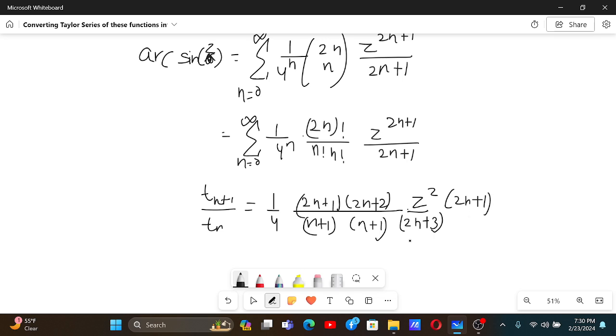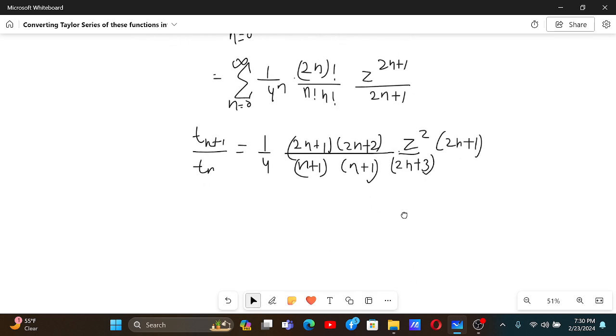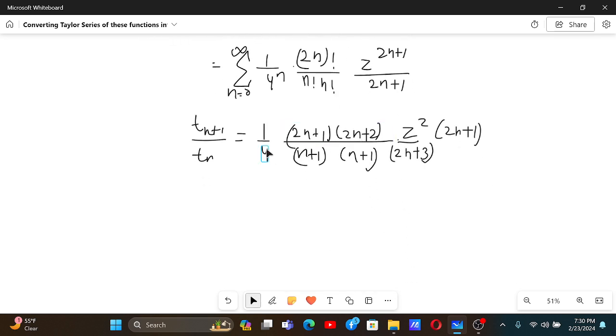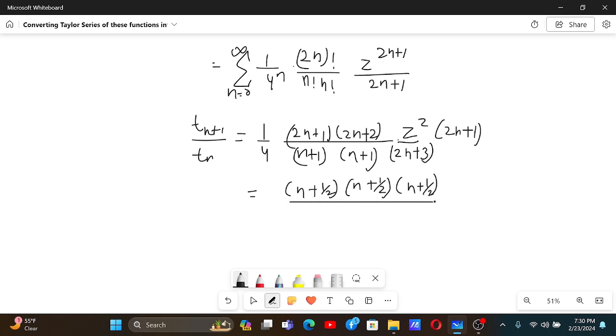Okay, so this is a long ratio. Now we can use 4 to cancel the 2's out here, and these 2 can be cancelled with each other. So we will have n plus 1 by 2, again over here also n plus 1 by 2, over here n plus 1, n plus 1, n plus 3 by 2 times z square.